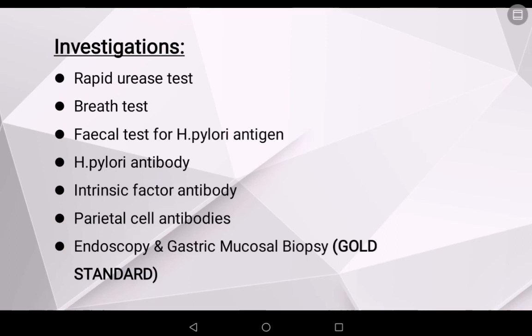Intrinsic factor antibody can also be done because due to the deficiency of intrinsic factor, chronic gastritis also leads to pernicious anemia or vitamin B12 deficiency. We can also do antibodies against parietal cells, and the most important one and the gold standard for the diagnosis of chronic gastritis is endoscopy with gastric mucosal biopsy, in which you can see the histological slide with your own eyes showing signs of chronic inflammation.